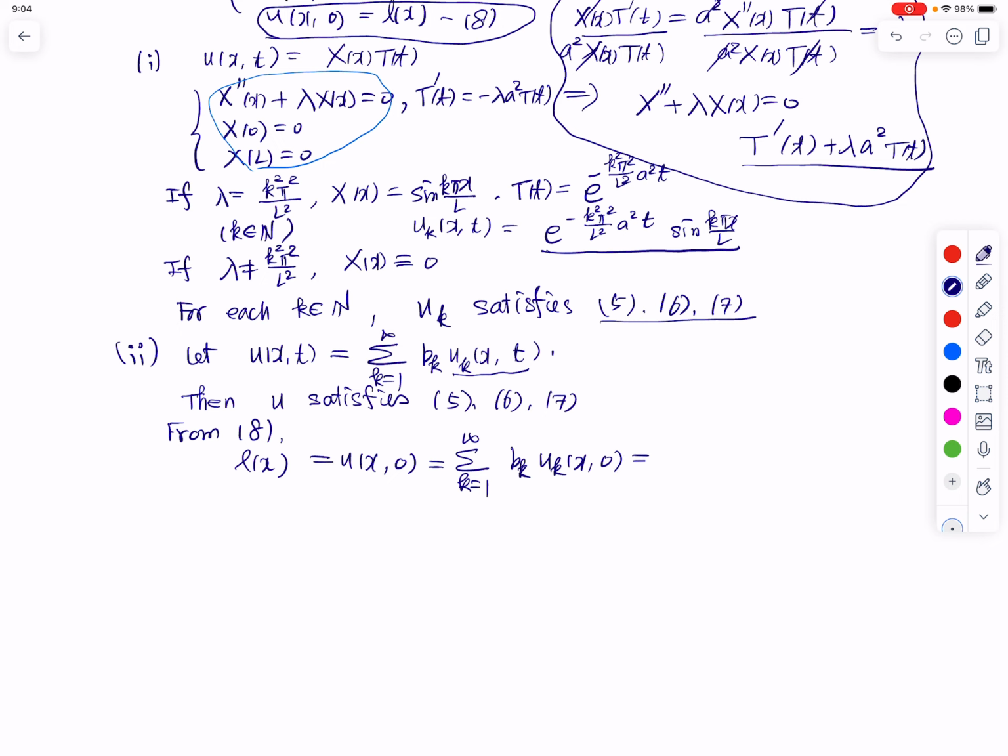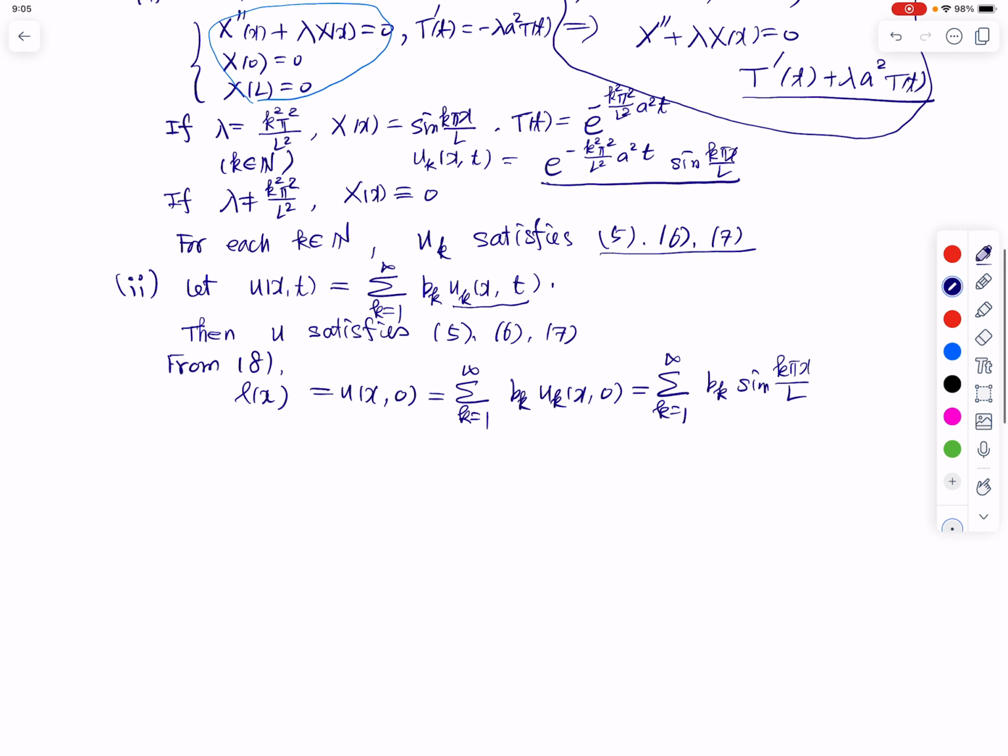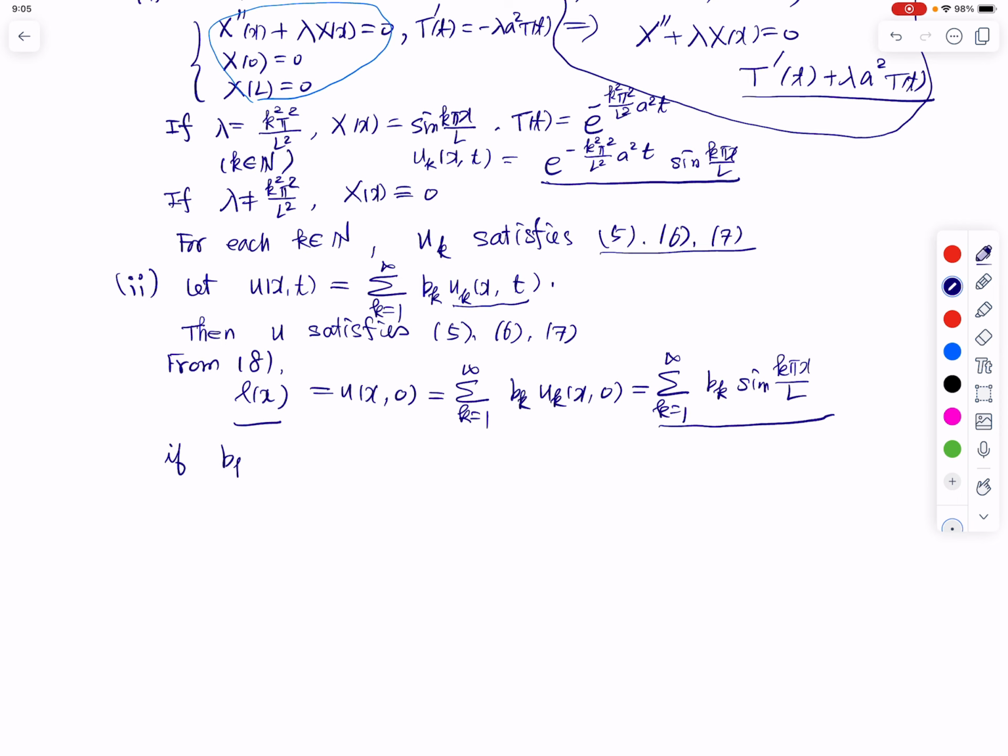That would be exactly the sum k from 1 to infinity of bk sine k pi x divided by L. This should hold. Then if bk equals 2 over L, integral from 0 to L of Lx sine k pi x divided by L dx, okay?